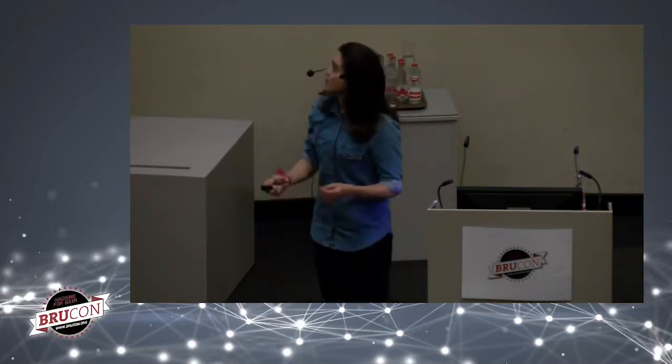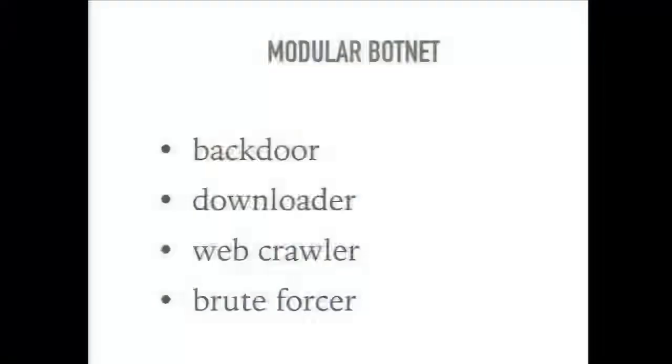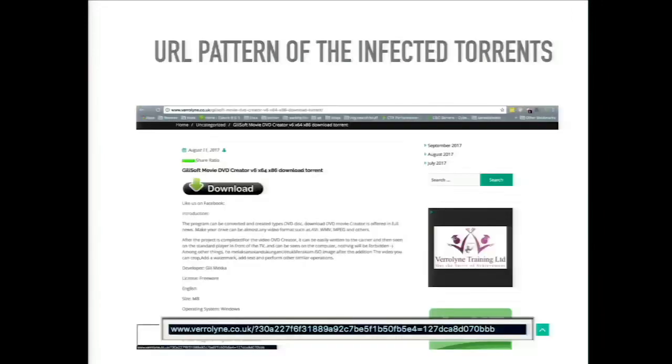So Sutterbot is a modular botnet. It has 4 modules: backdoor, downloader, web crawler, and brute forcer. We are going to cover today mostly the web crawler and brute forcing modules. The infection starts spreading when the user is searching in search engines for pirate software or a movie. The URL pattern of the infected torrent looks like this.